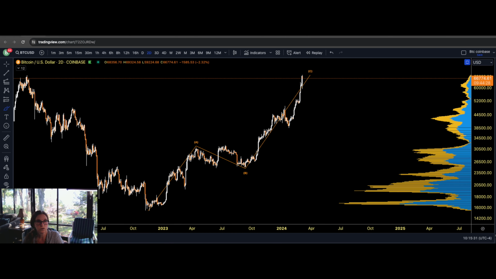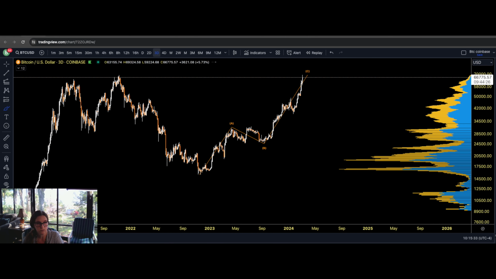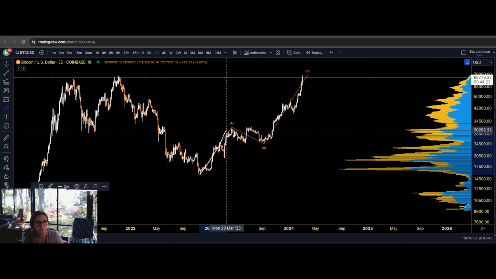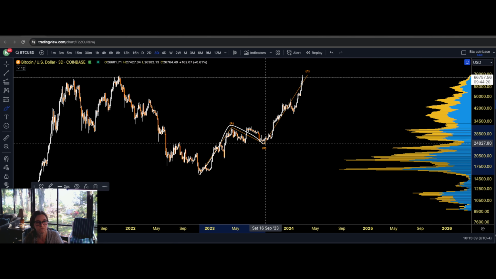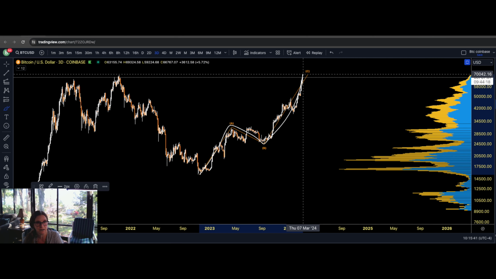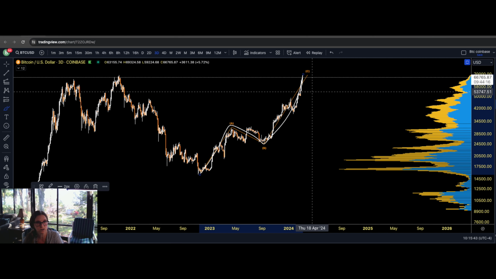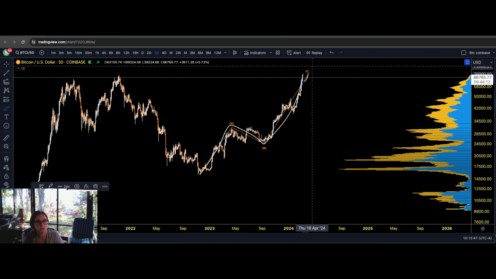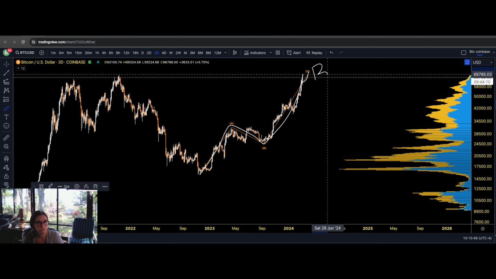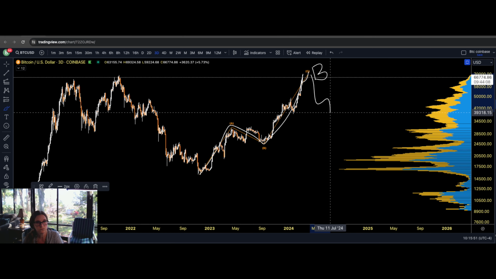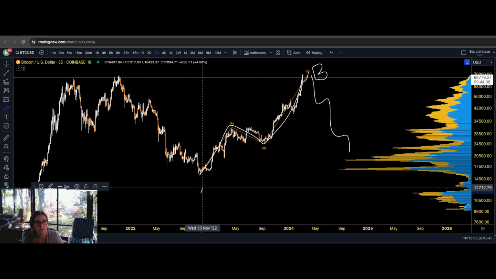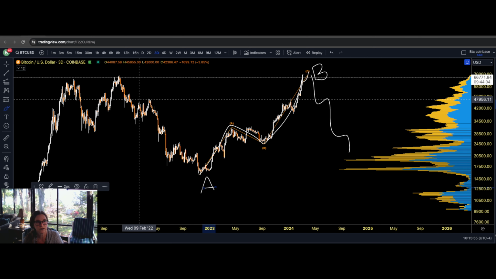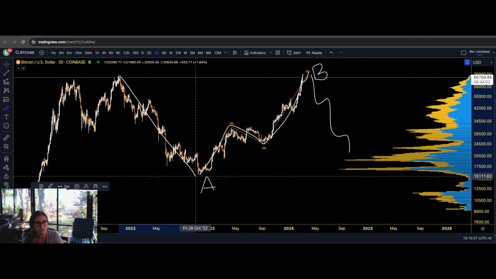Alrighty then, so there's always a bear scenario. And the bear scenario is that this was 5 waves, pullback, and that this is 5 waves and it's ending. And that here very soon, maybe one more hit to the high, Bitcoin's going to put in a B wave, and then it's going to come down for a C, meaning that this leg was an A, and that it's going to get a partner.